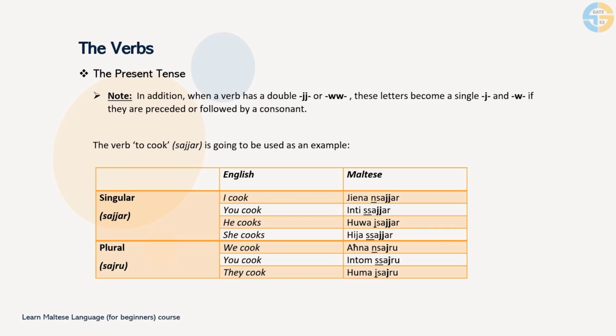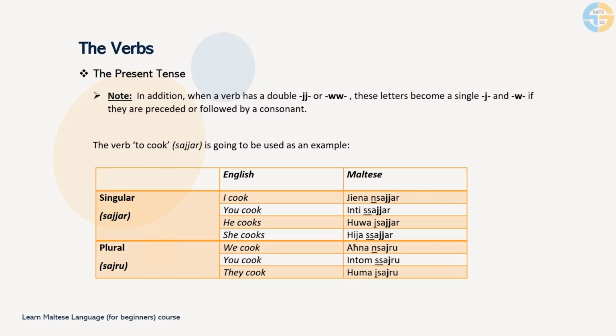You cook, inti ssajjar. Double S there. And the y remained the same because it is preceded and followed by A. And A, remember, is a vowel.